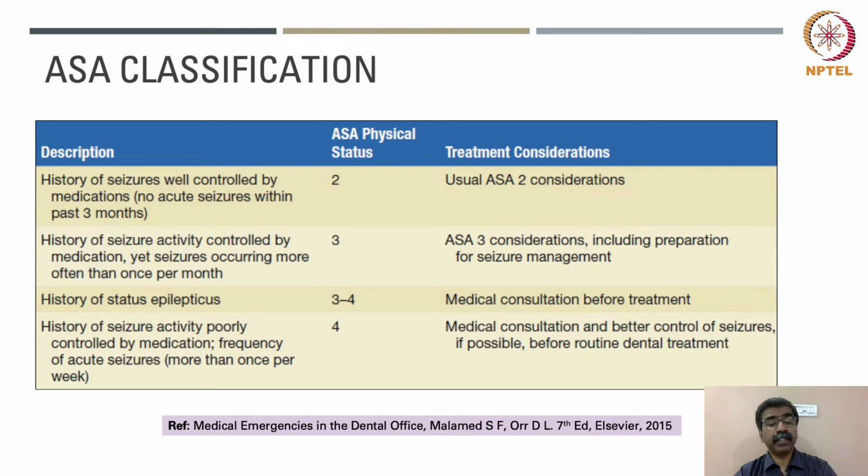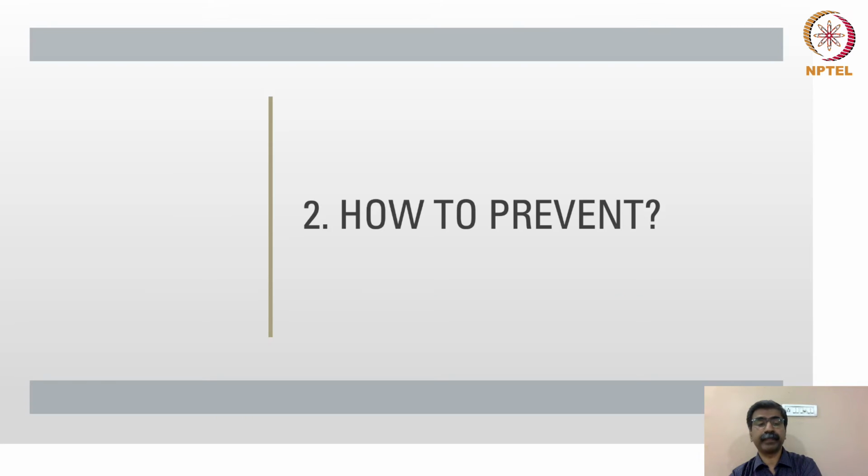And if the patient gives you a history of status epilepticus, it is between 3 and 4. And if the history of seizure activity is poorly controlled by medication and the frequency of acute seizures is more than once a week, then the ASA physical status is 4.